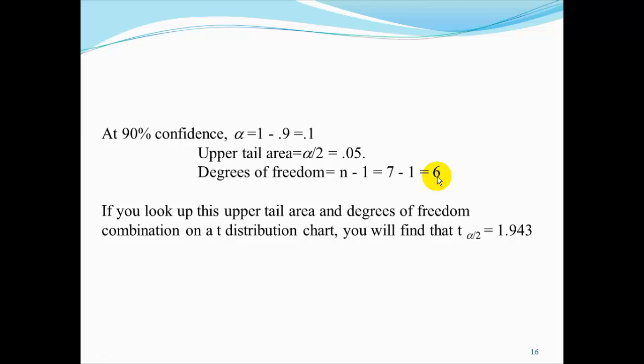If we go to our student t-table and look up the upper tail area 0.05 and 6 degrees of freedom, we'll find that the corresponding t value, our t alpha over 2 value, is 1.943.